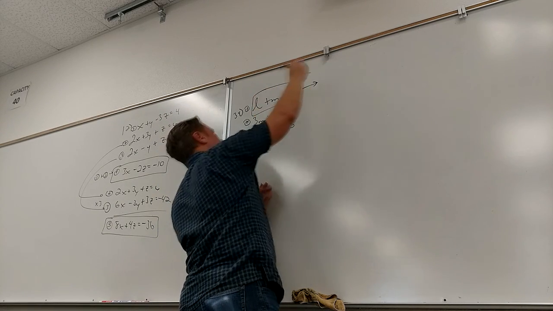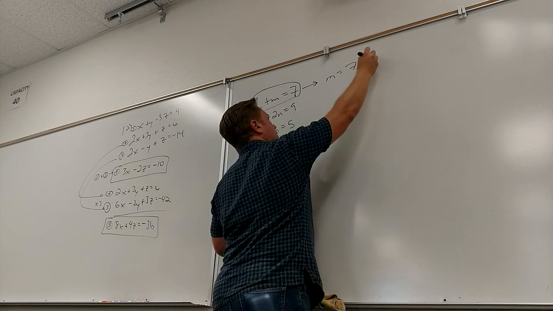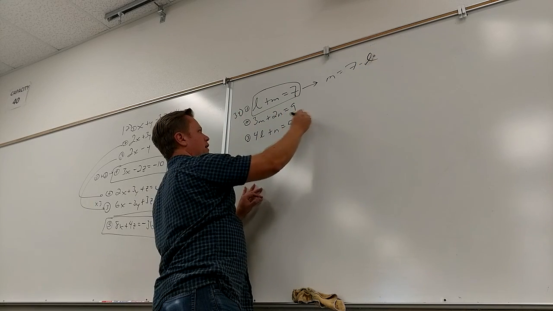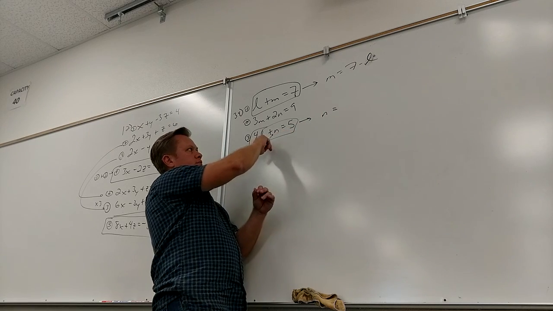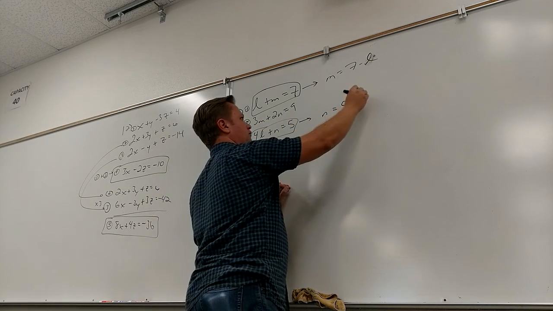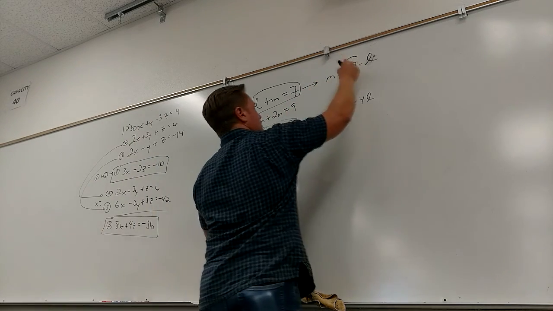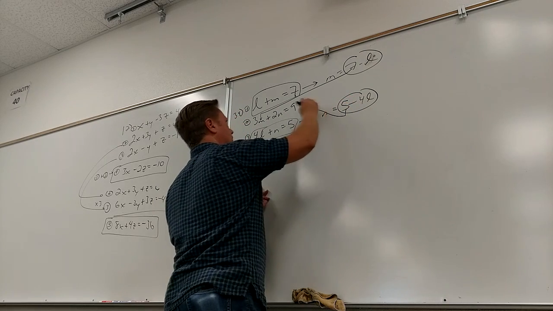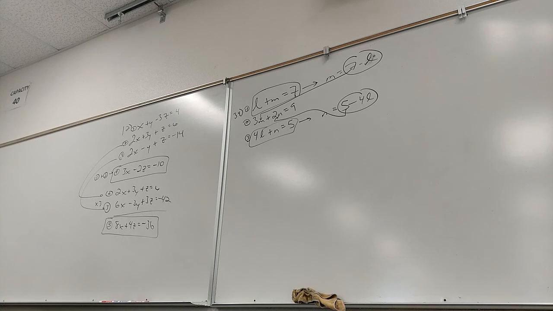Subtract L. So I get m equals 7 minus L. And if I solve this for n, n equals 5 minus 4L. So then you can put this here and this there. Won't you have an equation that just has L's in it now?